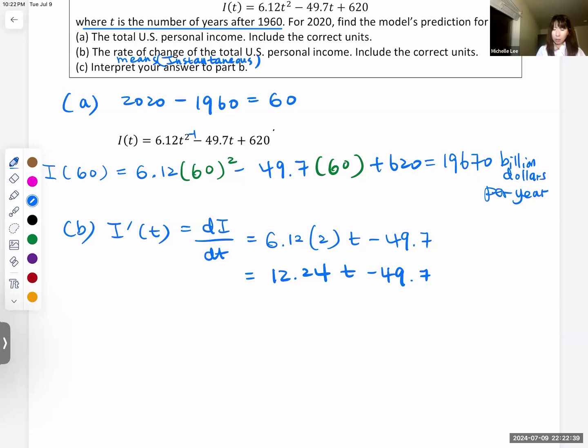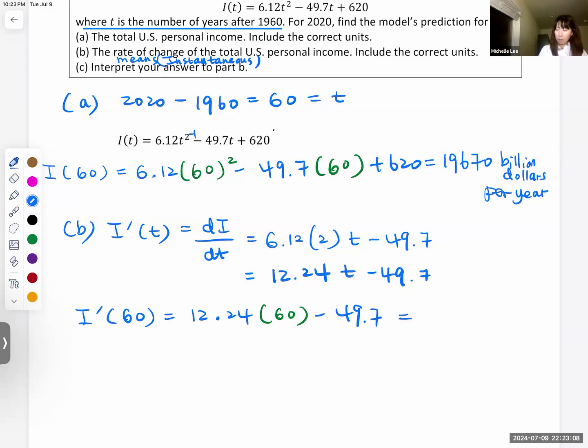Okay. Then what happens at t equal to 60, right? Let me write down t equal to 60. So I prime of t at t equal to 60. We have 12.24 times 60 minus 49.7.